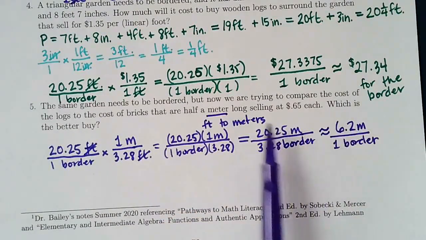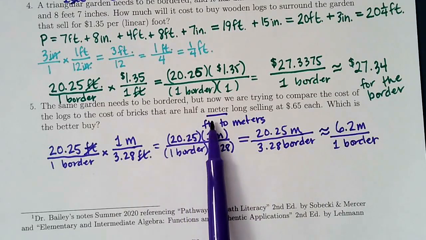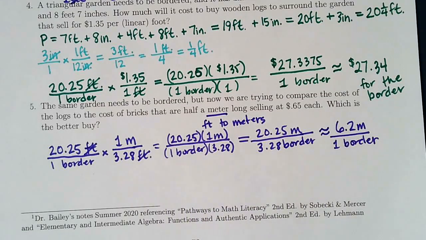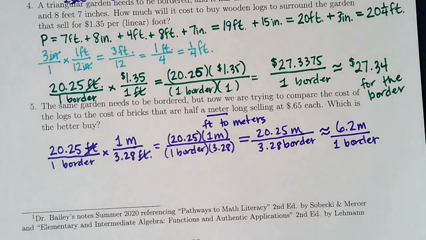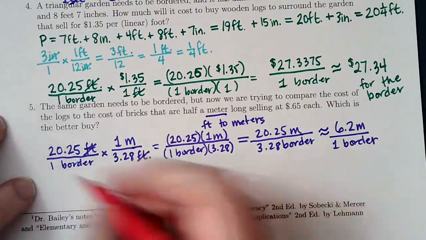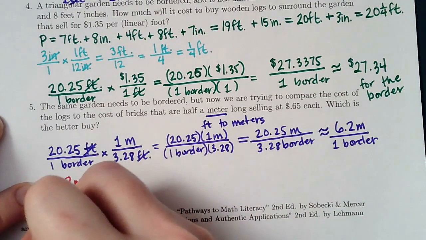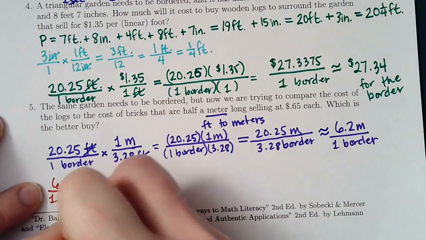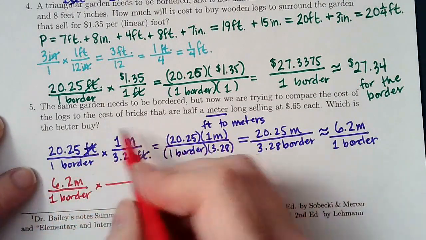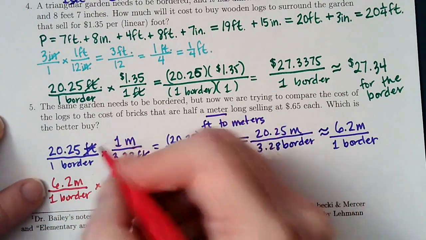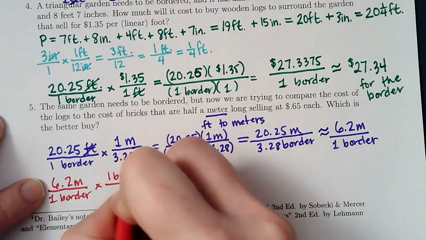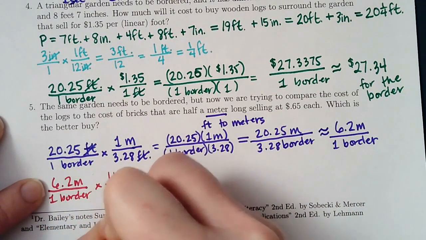Okay, but they're a half meter. So let's do that ratio. So 6.2 meters is the 1 border. And each brick is half a meter. So 1 brick is 1/2 of a meter.